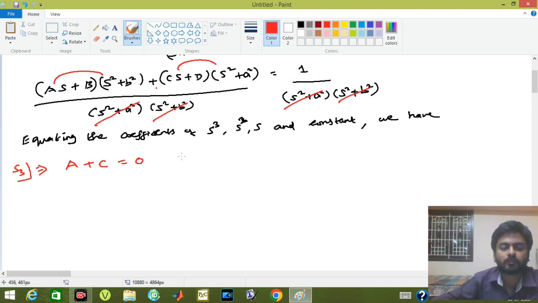Now the coefficient of the s square term.